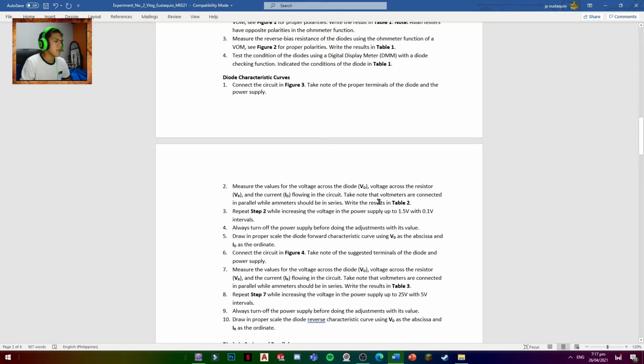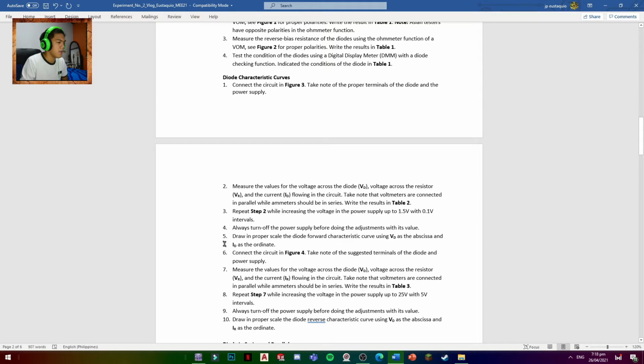Take note that voltmeters are connected in parallel while ammeters should be in series. Write the results in Table 2. Number 3. Repeat step 2 while increasing the voltage in the power supply up to 1.5 volts with 0.1 volt intervals. Number 4. We're going to neglect that since we're using the multi-simulator software.